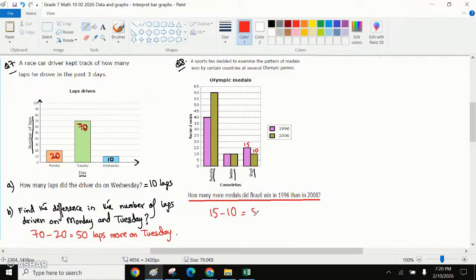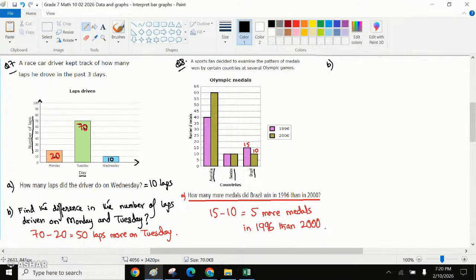That would be 5 more medals in 1996 than in the year 2000, okay? If we say this is the first part, let's extend the question.